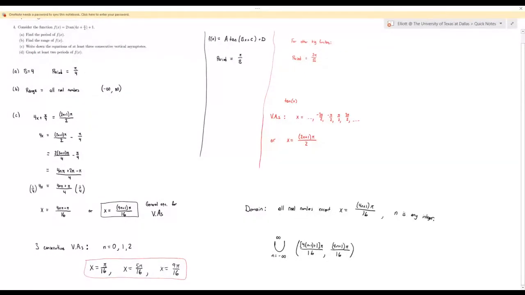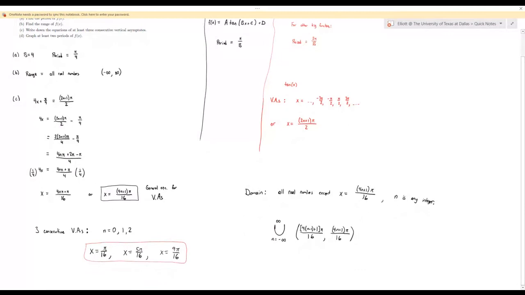So what I've done is I took this formula and replaced n with n minus 1 to get this expression over here. Instead of 4n plus 1, I just replaced n with n minus 1. That was just to represent the vertical asymptote right before this one. So then this is everything in between those two vertical asymptotes.